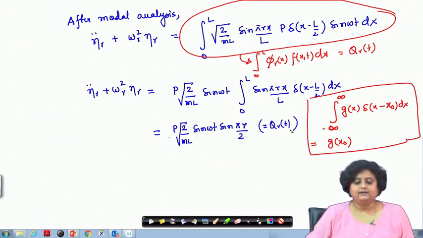So, now my equation of motion after modal analysis is complete is looking exactly like the equation of a single degree of freedom system for a sinusoidal force.